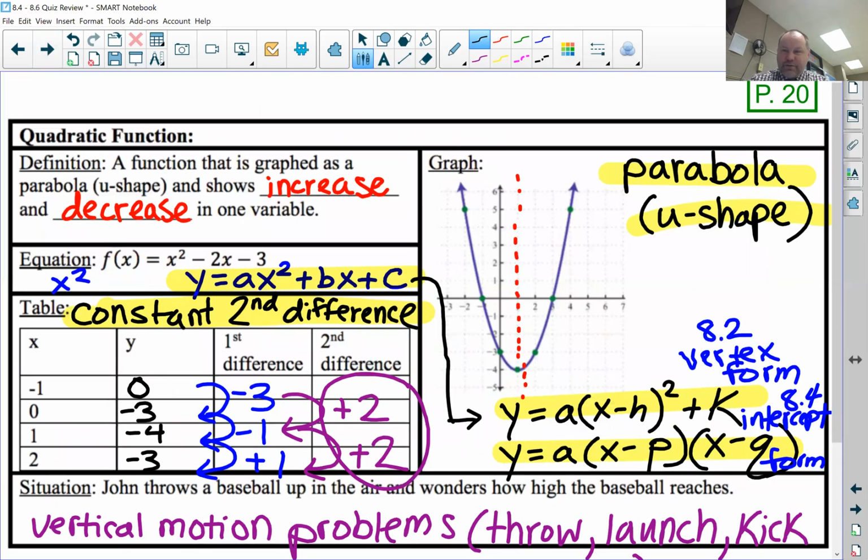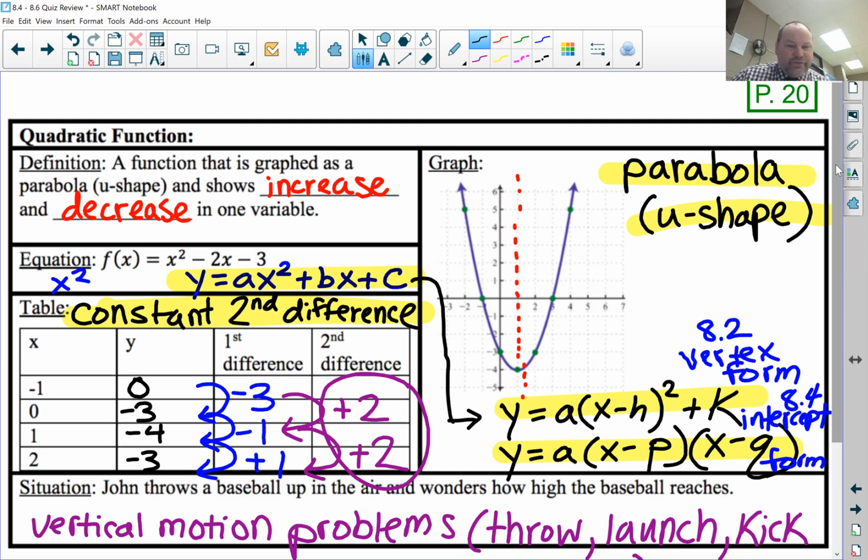Quadratic functions, those are our parabolas. Those are really what we've been spending a lot of time on this trimester. A quadratic function shows increase and decrease. So you can see on the graph, it goes down and then it goes up. And we have three different forms of the equation. The big thing to remember is we're going to have an x squared, which we wouldn't have in a linear function.